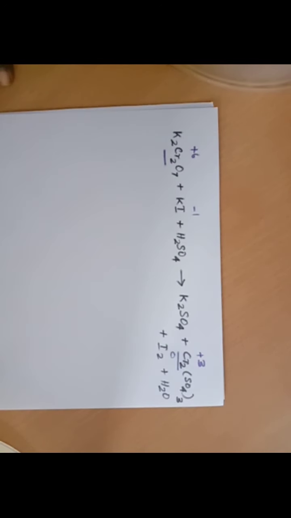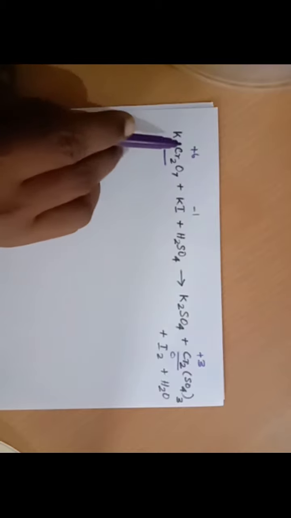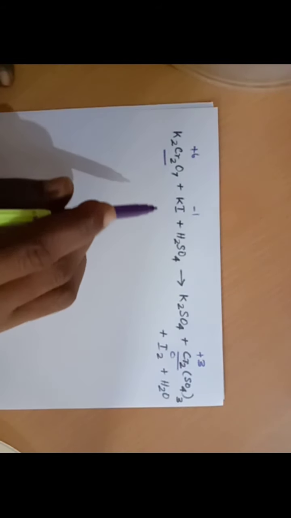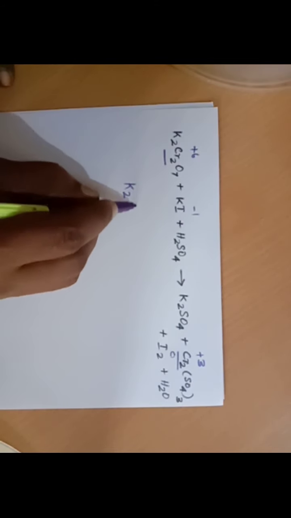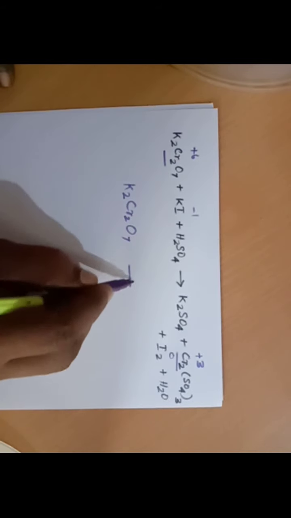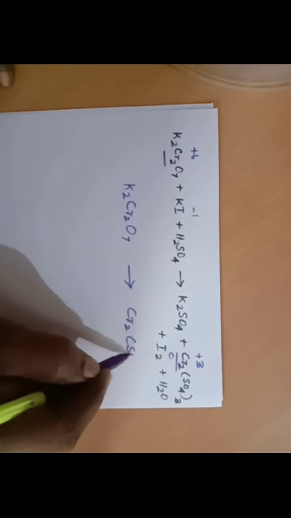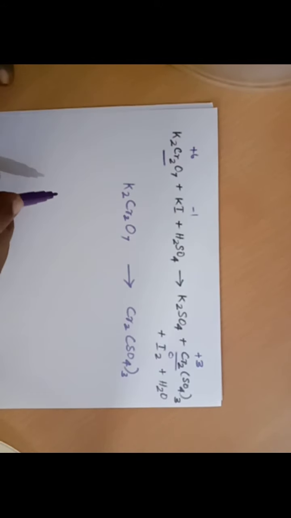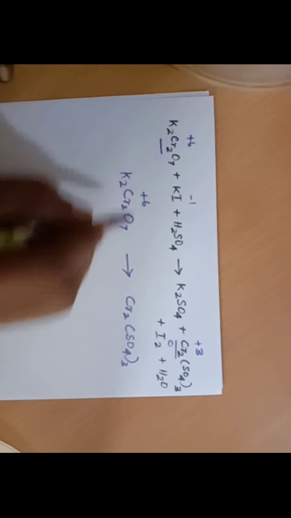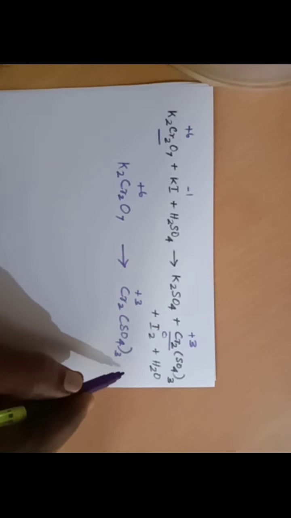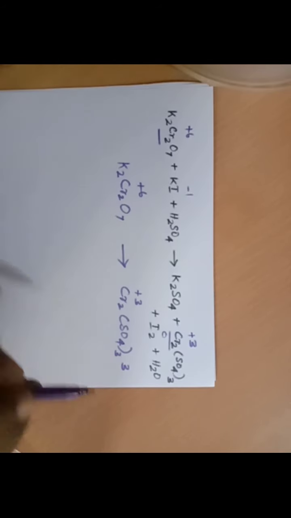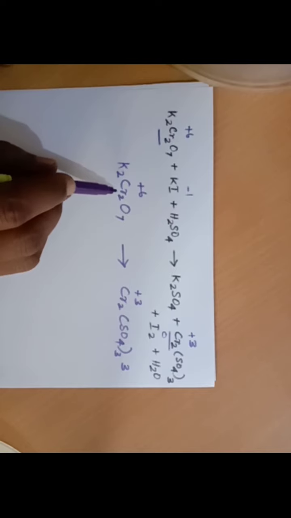If the oxidation number increases, it is called oxidation, whereas the oxidation number decreasing from plus 6 to plus 3 is reduction. Now K2Cr2O7 becomes Cr2(SO4)3. Here positive 6 becomes positive 3, a decrease in oxidation number of 3 units for 1 Cr.